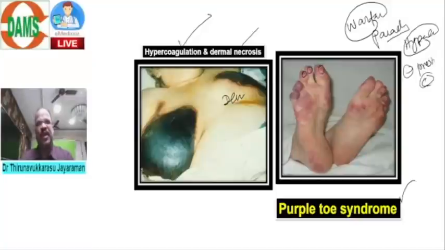Okay, so it is a repeated, common question only. Because of inhibiting protein C, warfarin elevates factor 5 and 8 levels, that causes paradoxical hypercoagulation, dermal necrosis, as well as purple toe syndrome.